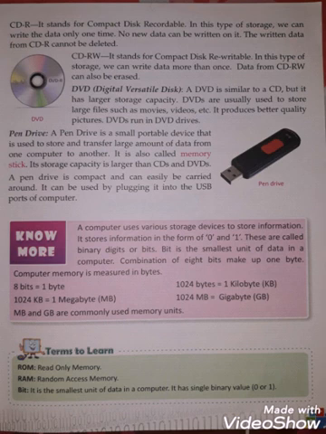These are called binary digits or bits. So what do we call these 0 and 1? Binary digits or bits. Bit is the smallest unit of data in a computer. Combination of 8 bits make up 1 byte. Computer memory is measured in bytes.